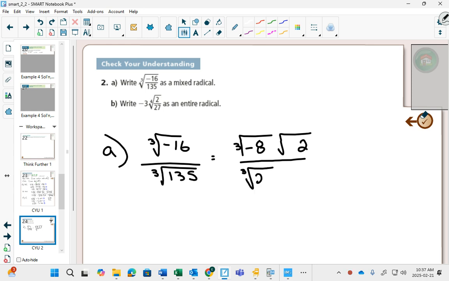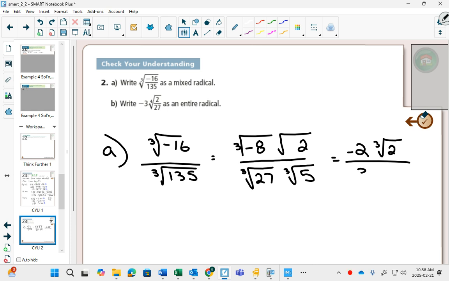So having, like, you see how I'm using just the perfect cubes to check? I didn't worry about breaking up 135. Like, it's obvious that 135 divides by 5. But I didn't even try that because it's not a perfect cube. It happens to be that 5 worked out nicely with the 27, but you try only your perfect cubes for simplifying. This becomes -2 cube root of 2.